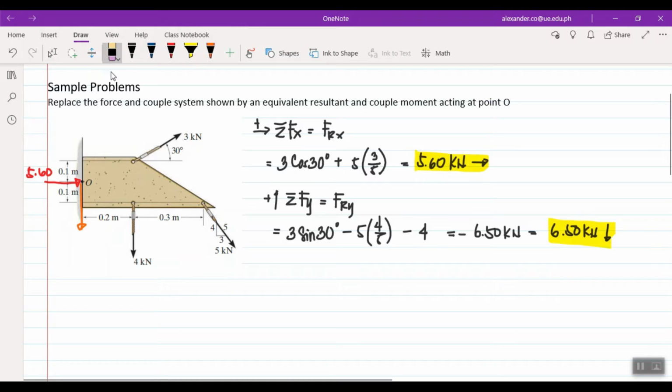Why orange? Sorry, red. Okay? And this one is 6.5 kilonewton.